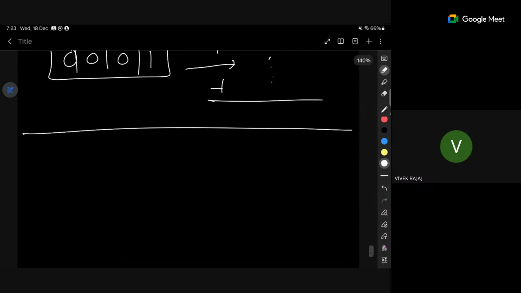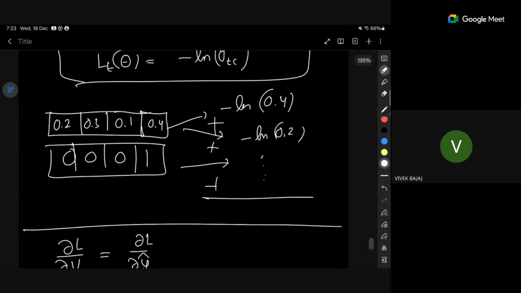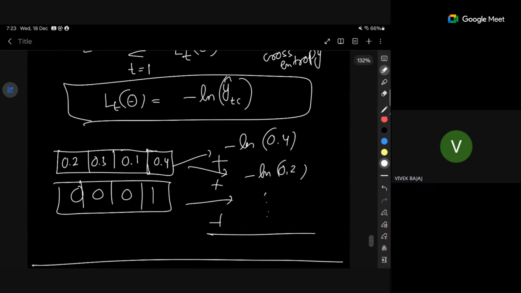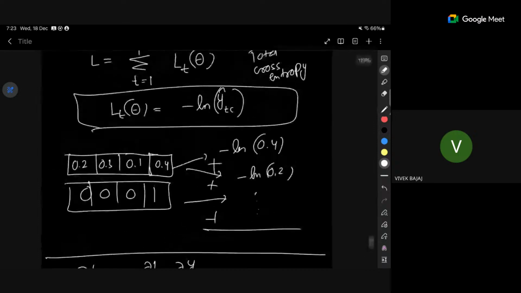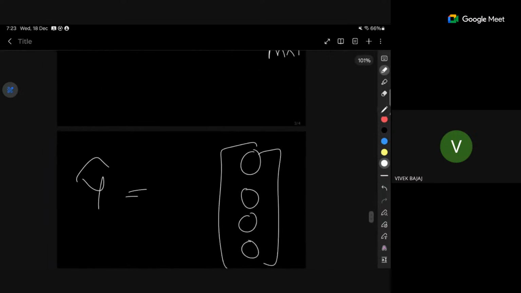Now we have the loss, and we wanted to do back propagation. So the one which is easy is dL by dV, right? Because we know dL by d y hat, or y hat tc in our case, doesn't matter. We know y hat at times m, and we know y is dependent on whatever is inside the softmax.